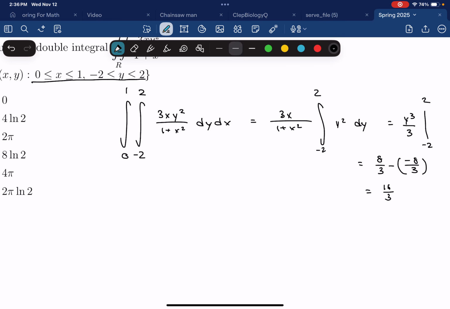Now we're going to evaluate from 0 to 1 of 3x over 1 plus x squared dx. Remember, the 16 over 3 is still there.